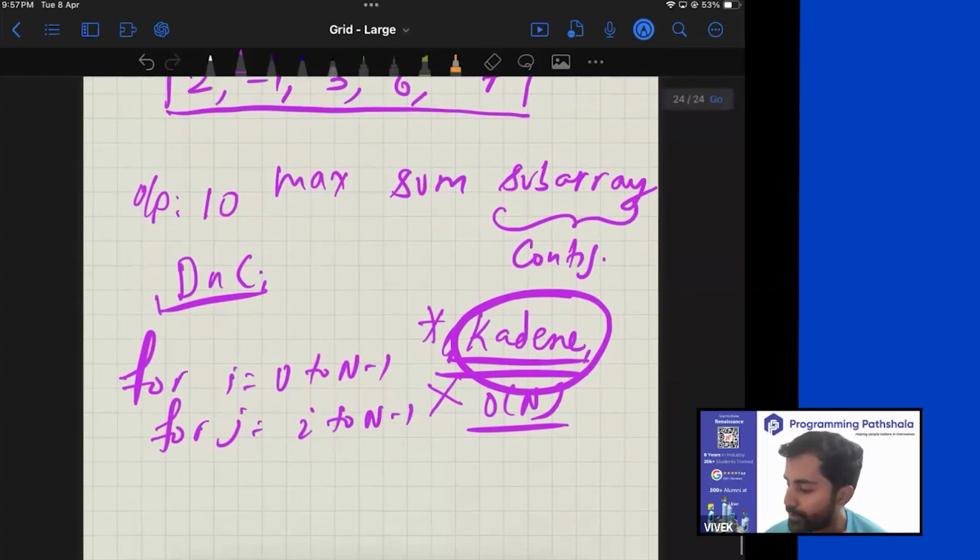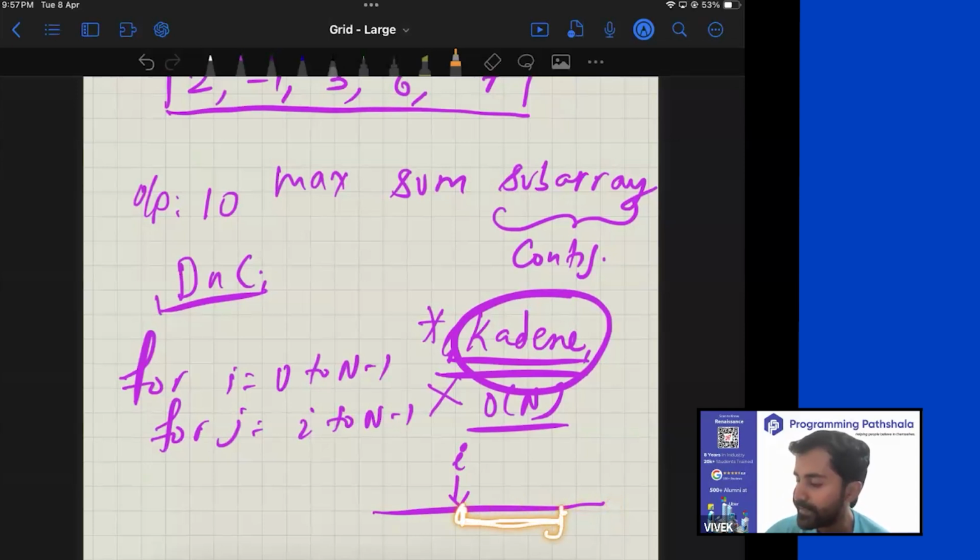Basically you're fixing your starting index i, and then your ending index can be anything from here till the end. If your ending index is j, then you find the sum of this subarray. You consider the sum of all the subarrays, and whichever has the maximum sum, you return that. This is going to take order n square time.